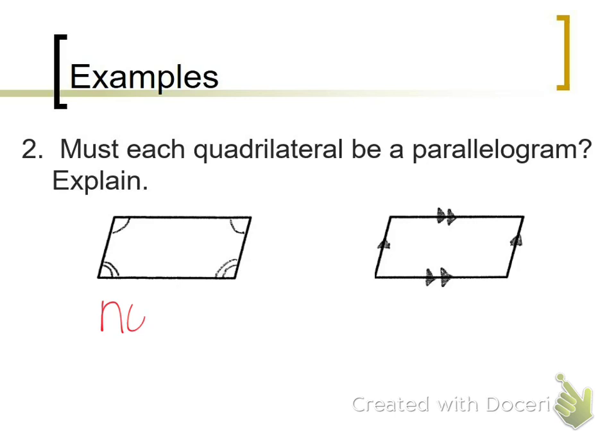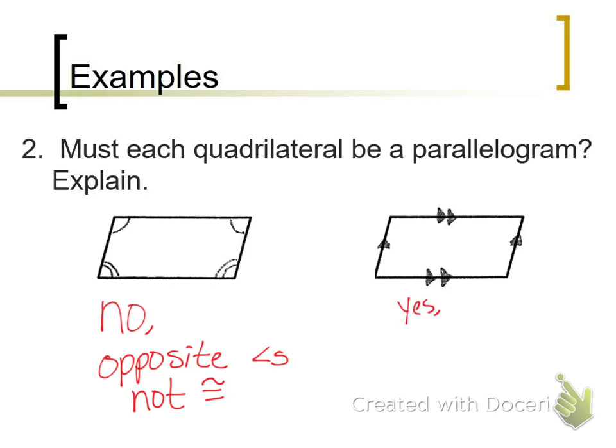Okay, so no, opposite angles are not marked congruent. What about the last one? Yes. Why? The opposite sides. What kind of sides are parallel? Opposite. Good. Both pairs of opposite sides are parallel.